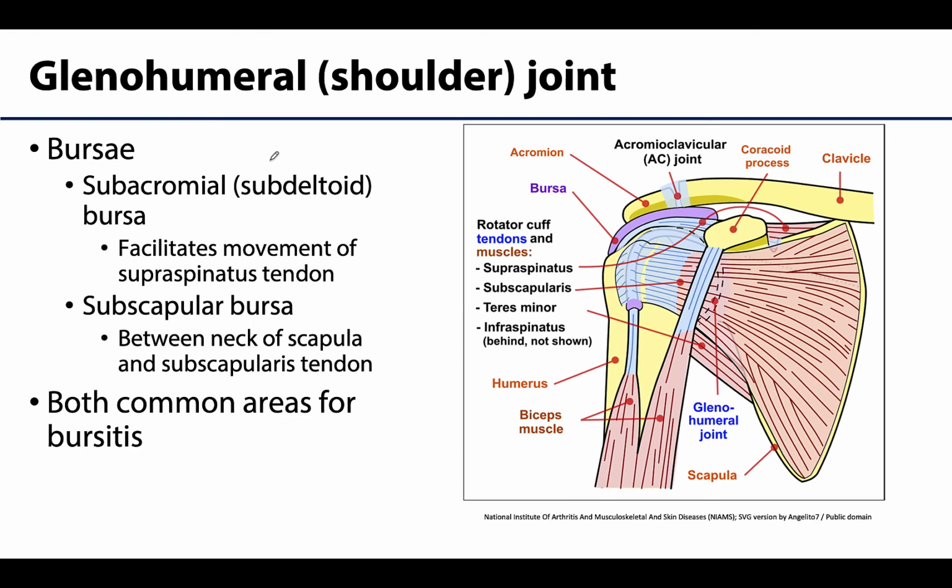Also, really importantly, because this is such a complex area and there's a lot of movement occurring at the glenohumeral joint, you will have some very important bursae that are associated with the joint. I've named two, but they are certainly not the only ones. One right here that's just labeled bursa is going to be the subacromial bursa. And this is going to help facilitate movements of the supraspinatus tendon.